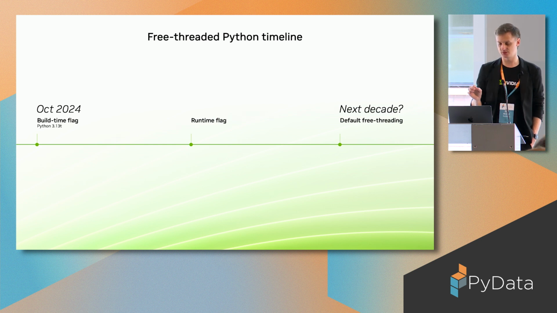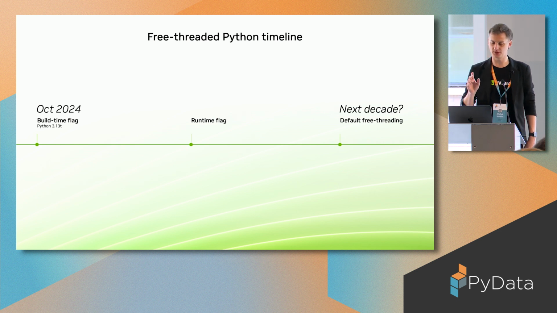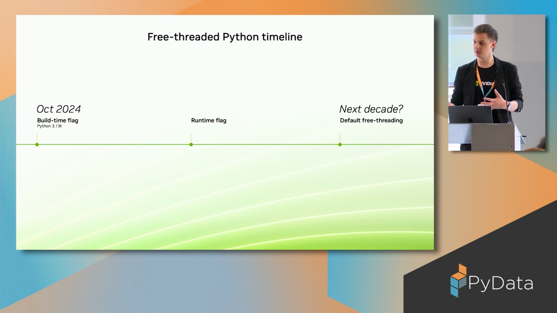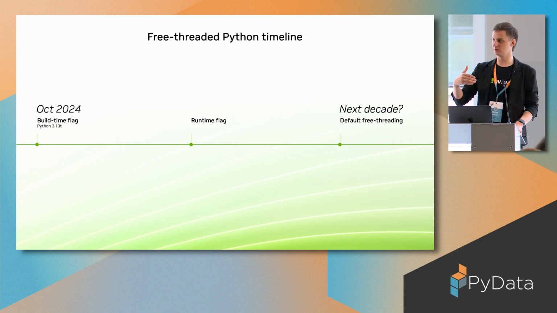The first phase is what we achieved in October last year: creating a build time flag for Python. What does this build time flag mean? I'll get to this in a moment. However, maybe next decade, or sometime around next decade, it's not certain yet, free-threaded Python will be the default.